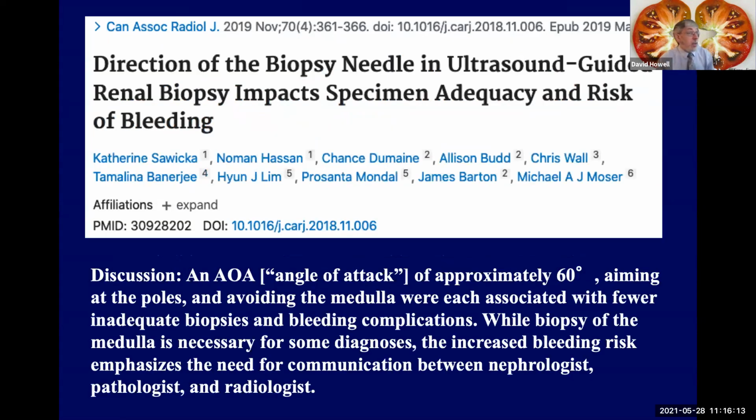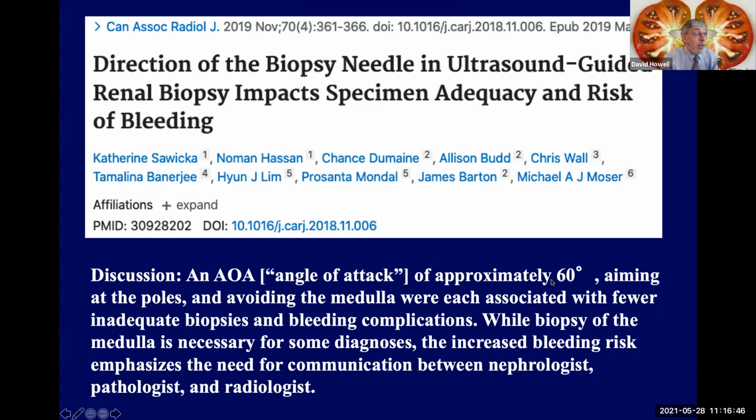Now, this is not to say that radiologists don't think critically about what they're doing. And this is a paper from a couple of years ago from a group in Saskatchewan. And this is a group of radiologists, and they look very carefully at parameters like the angle of the needle relative to the surface of the kidney, the so-called angle of attack, whether the biopsies were aimed at the renal poles or mid-portion of the kidney, and whether a conscious effort was made to avoid medulla on the ultrasound.